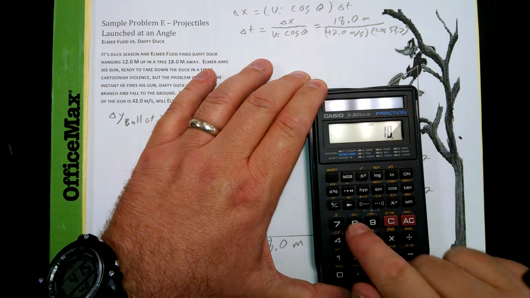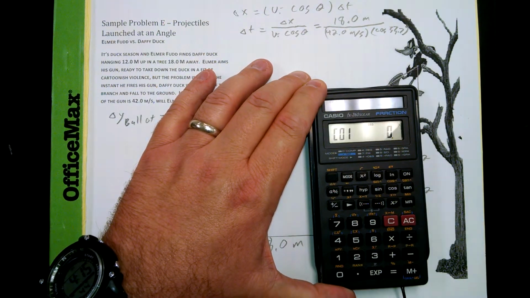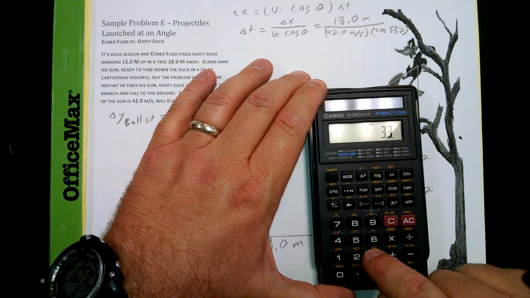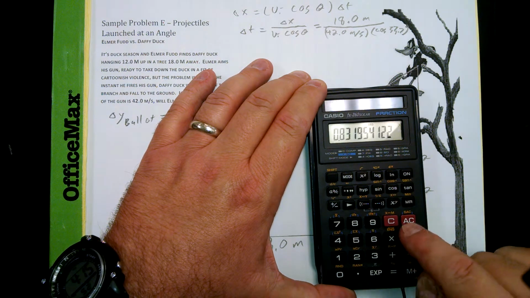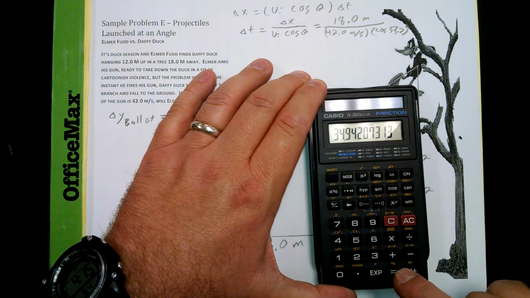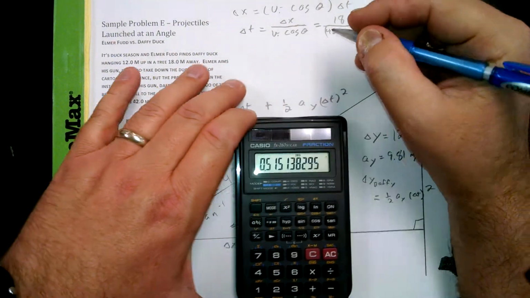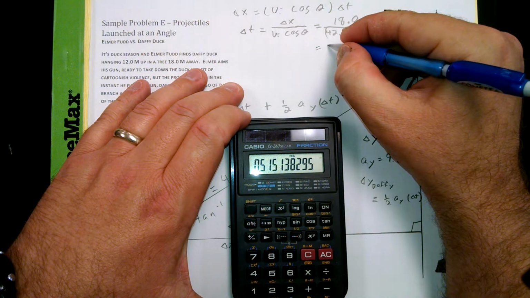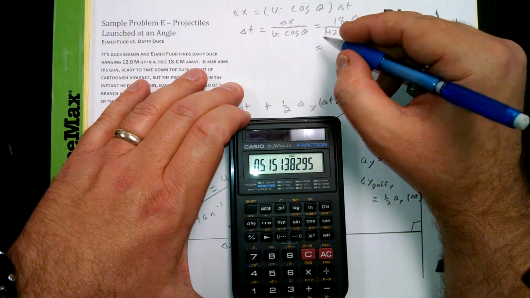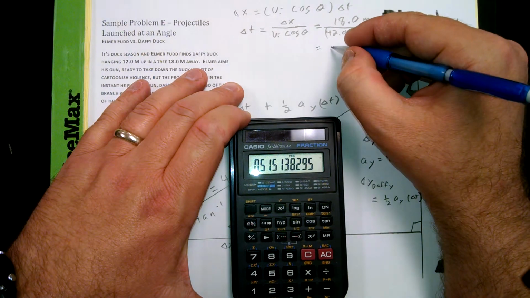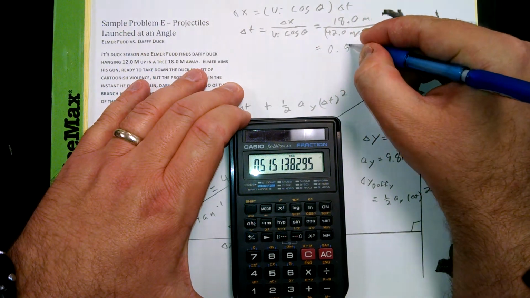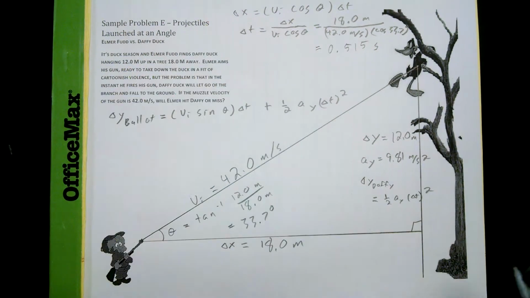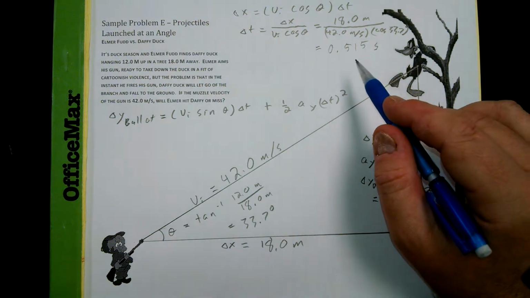So let's see, 18 divided by the quantity of 42 times cosine of 33.7. Remember, on your calculators, you want to make sure you're in degrees. So the amount of time it's going to take is about half a second. We'll go ahead and use three significant figures because we have 3 in all of our values. So that's going to be 0.515 seconds. Okay, so now we've got our angle, we've got our time.